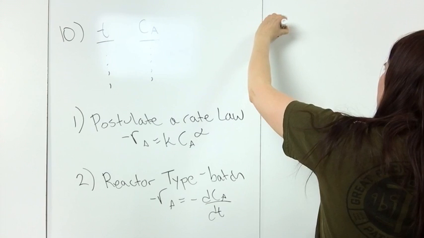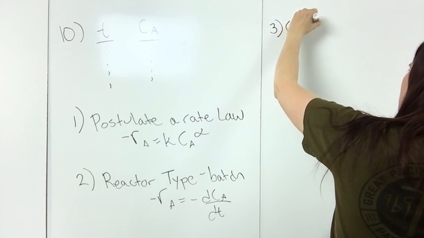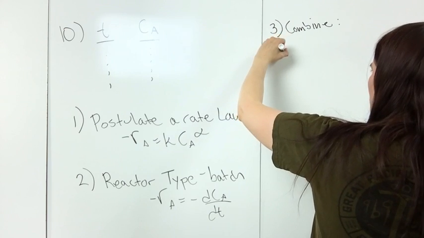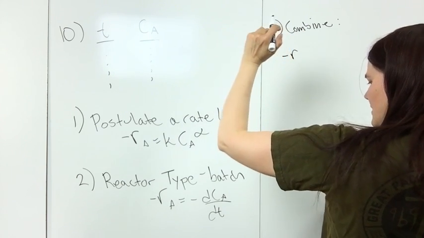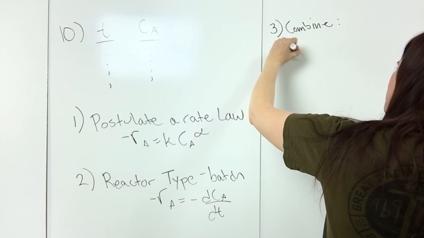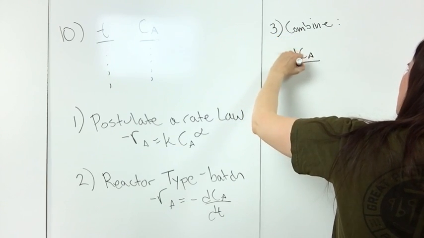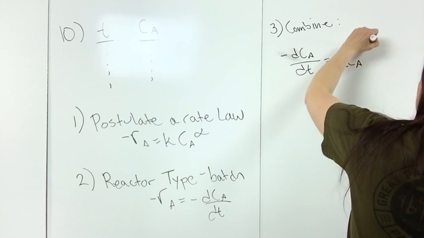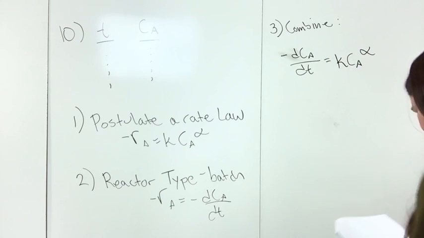So you have minus dCA/dt is equal to K Ca^alpha.